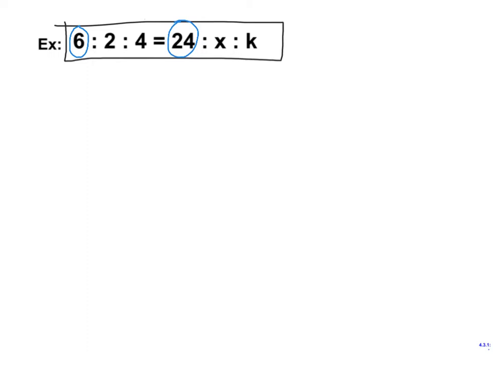So you're going to set up the first number on the left over the first number on the right is equal to the second number on the left over the second number on the right. And we can actually use this information right now to go and solve for x. We can forget about the third stuff right now and just go and solve for x.